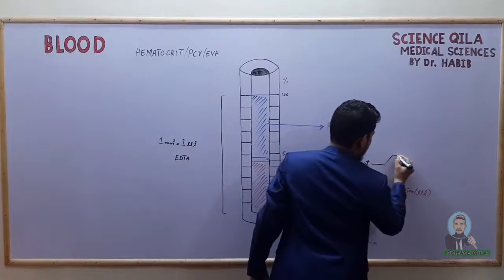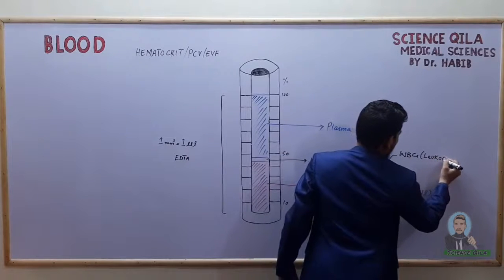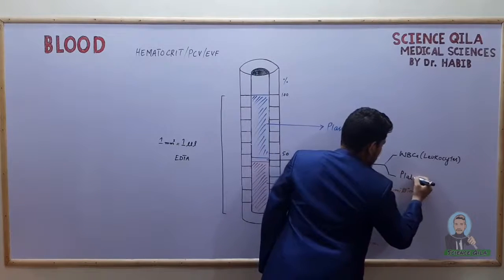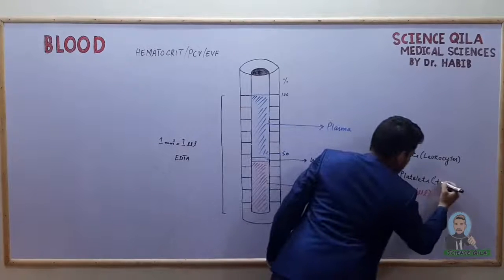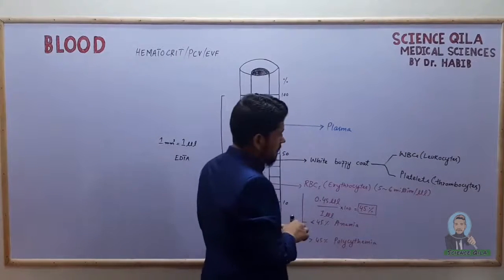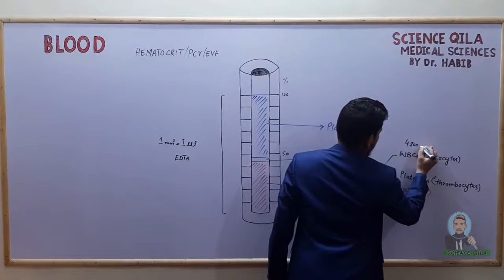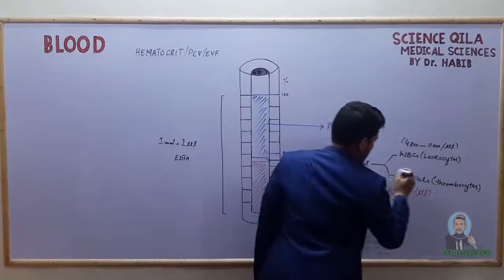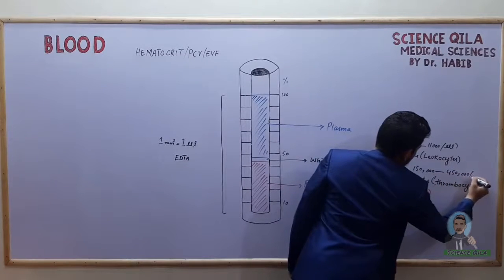So here we have number one, white blood cells, WBCs, or leukocytes, and another thing over here, that is platelets, which we also name thrombocytes. The normal value of WBCs is around 4,800 to 11,000 per microliter, and the normal value of platelets is around 150,000 to 450,000 per microliter.